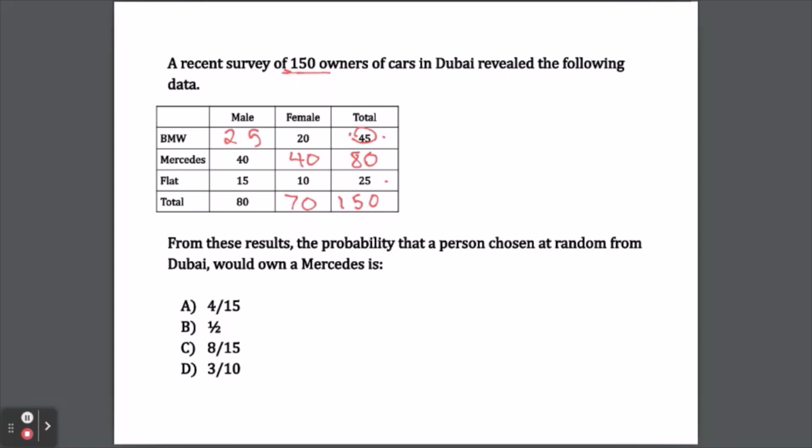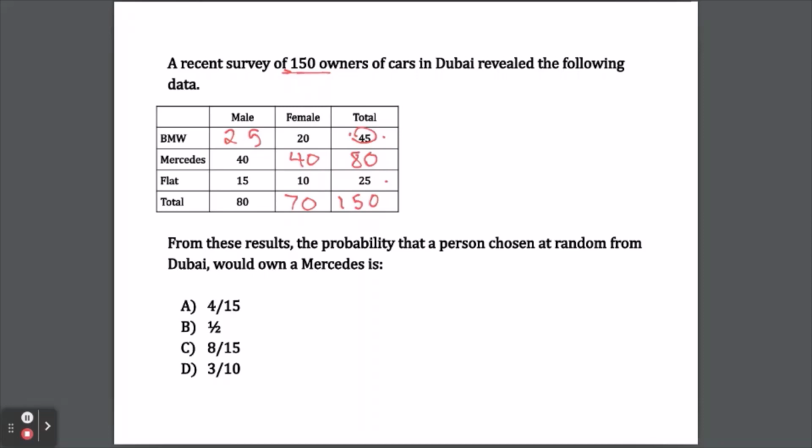From these results, the probability that a person chosen at random from Dubai would own a Mercedes is 4 over 15, 1 over 2, 8 over 15, or 3 over 10.